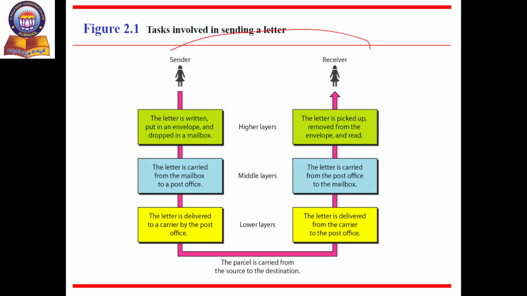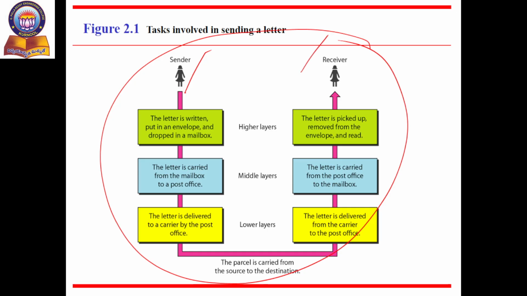Just observe this example. There is a sender and a receiver. The communication happens between the sender and receiver with the help of a letter. Observe the higher layer, middle layer and lower layer. At the higher layer, the sender writes a letter, places it in an envelope and drops it in a mailbox.